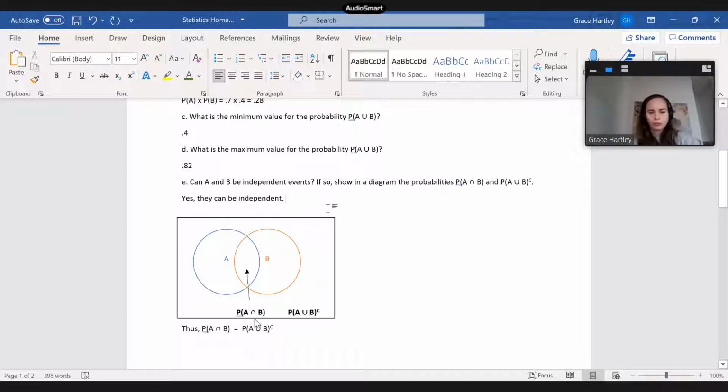Because remember, when we assume independence, that means the outcome of A will not influence the outcome of B. It's like tossing two coins. It doesn't matter if my first toss is a head or a tail. My probability of the second toss is always 1/2.